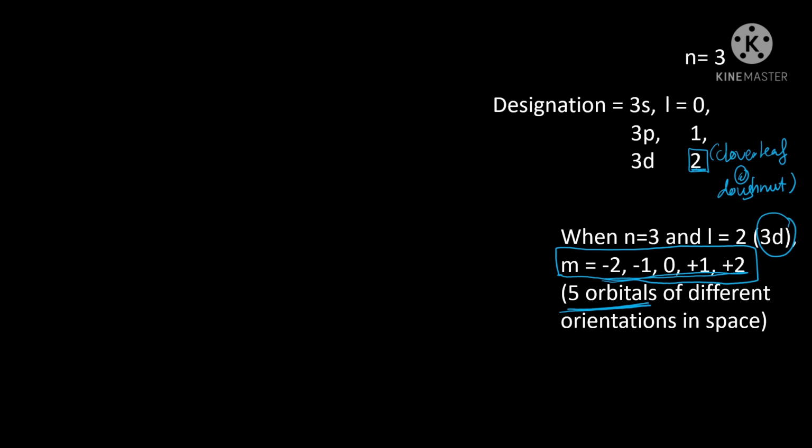So how should we draw these 5 orbitals of different orientations in space in the 3d subshell? First, shall we draw 3dz² first? For 3dz², the orbital has the donut shape and lies along the z-axis.